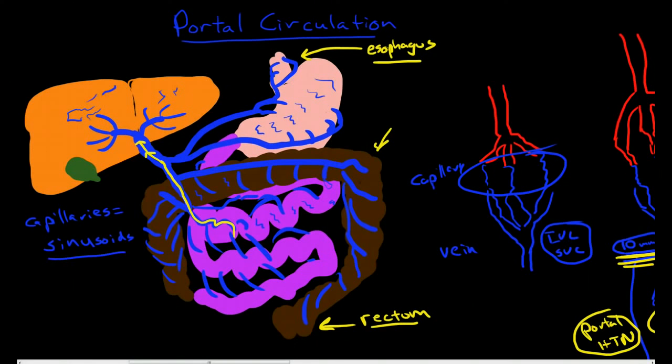Then all these join together and form a bunch of hepatic veins, and these hepatic veins join into the inferior vena cava that happens to be flowing conveniently right by the center of the liver.